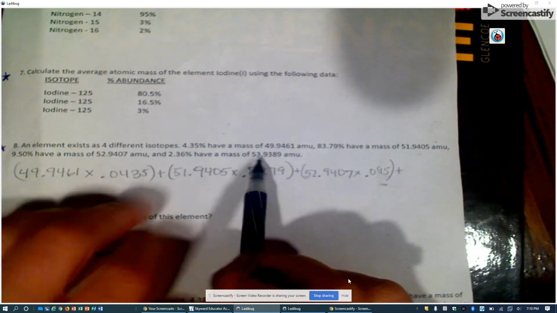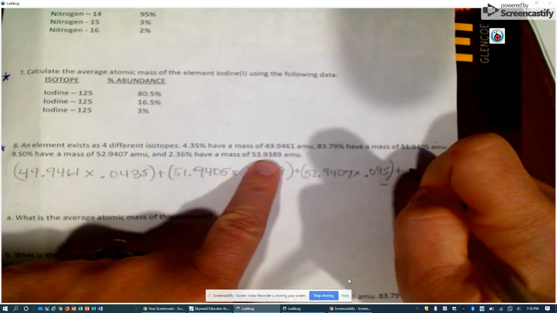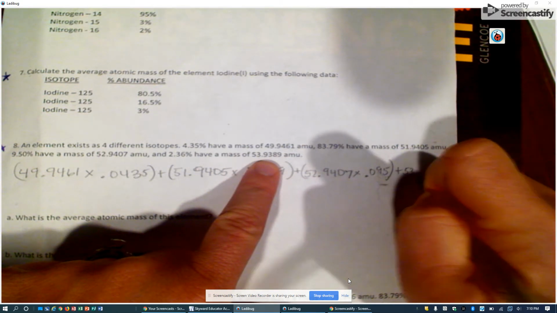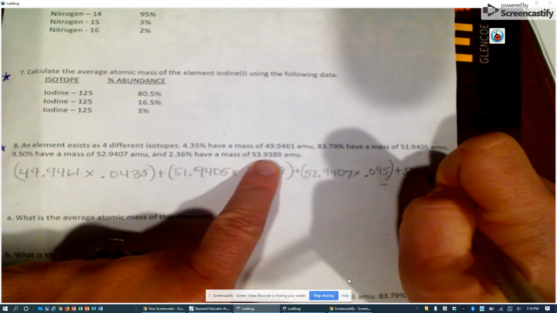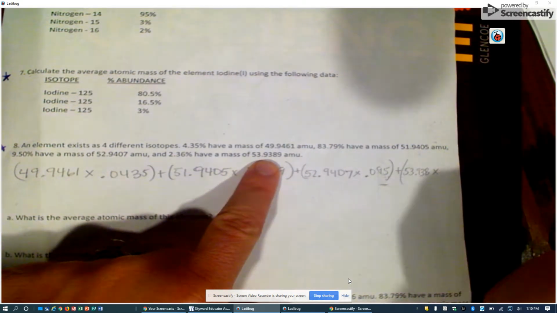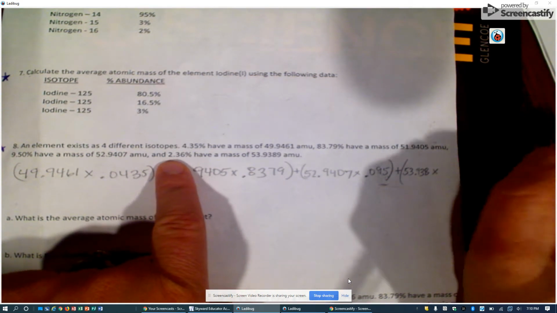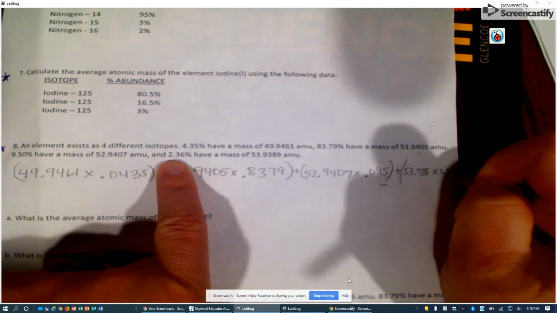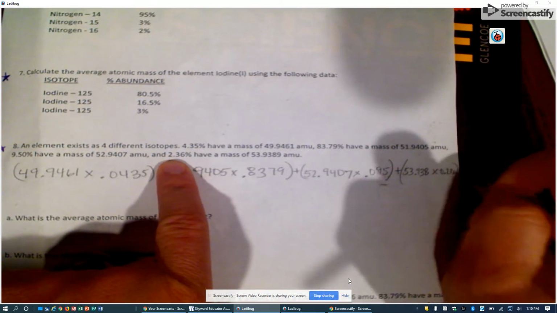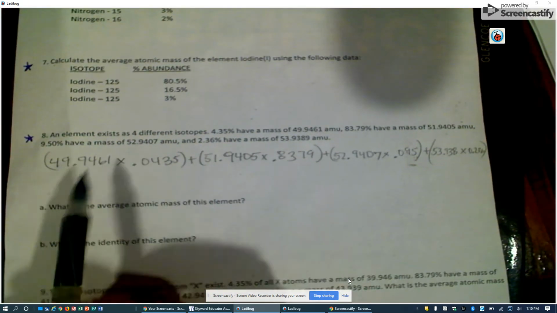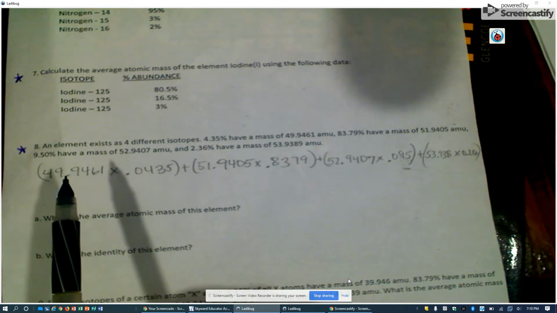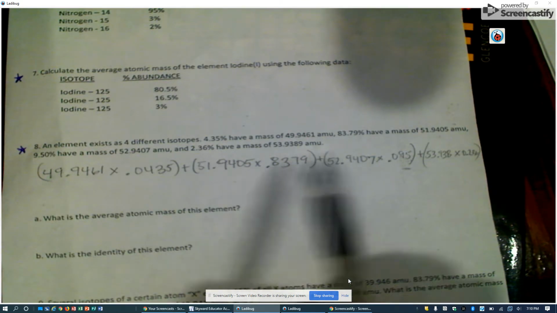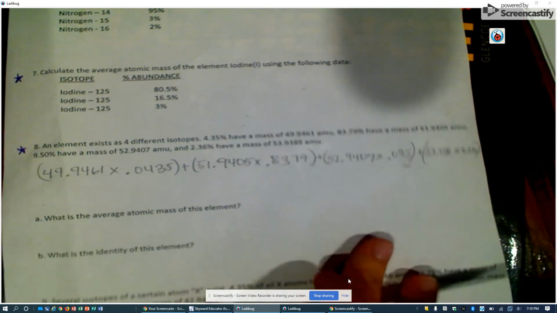And our last one, we have 53.938 times, it looks like 0.0236. All right, so you're going to go ahead and multiply all of those, and then you're going to add them together to find the average atomic mass.